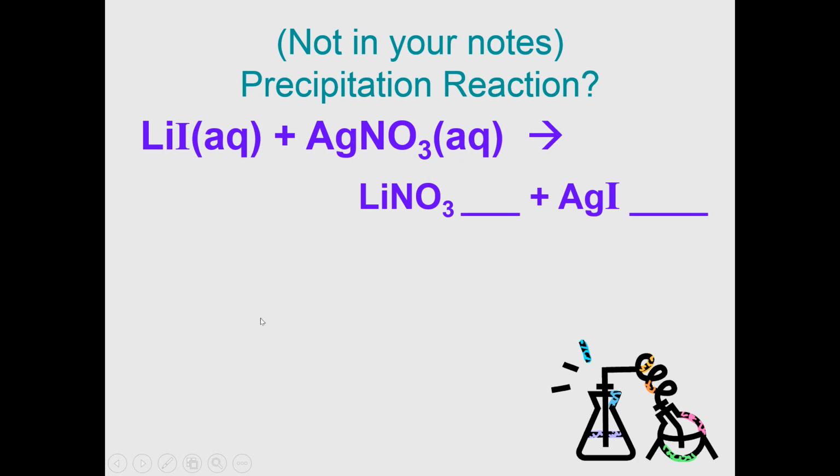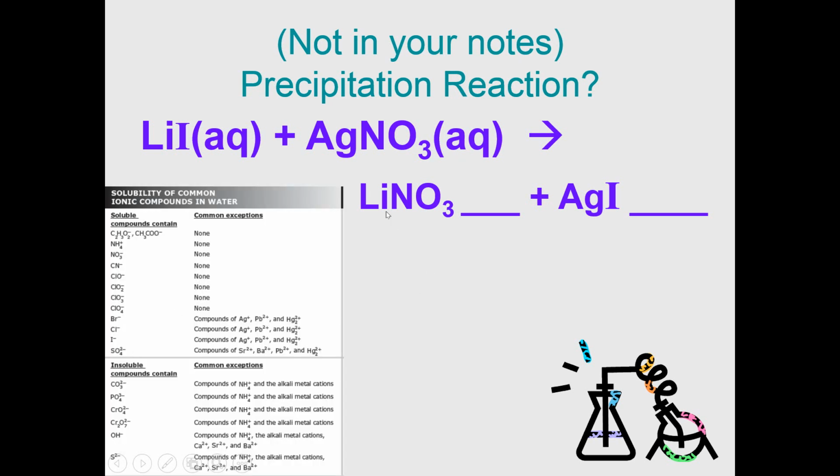So we're going to check our solubility rules for lithium nitrate, and really we need to look at the anion part, and an anion is a negative ion. It's the back end of an ionic compound. Nitrate's right over here without any exception, so all nitrate compounds are soluble, so we will say this is aqueous.